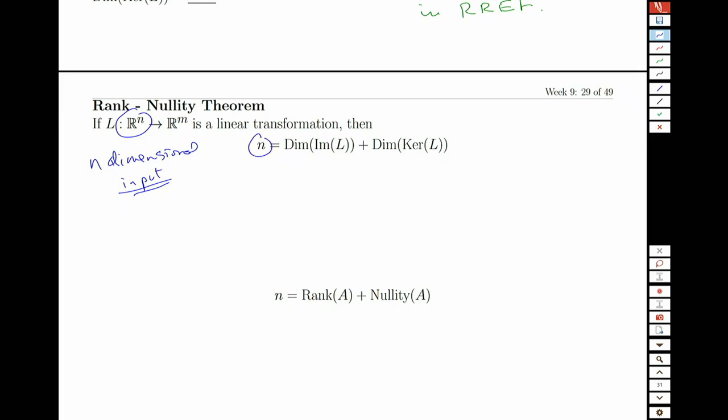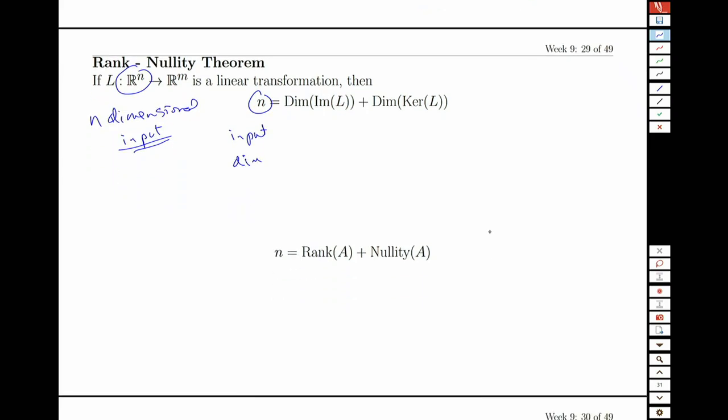Then the input dimension is equal to the dimension of the image plus the dimension of the kernel.